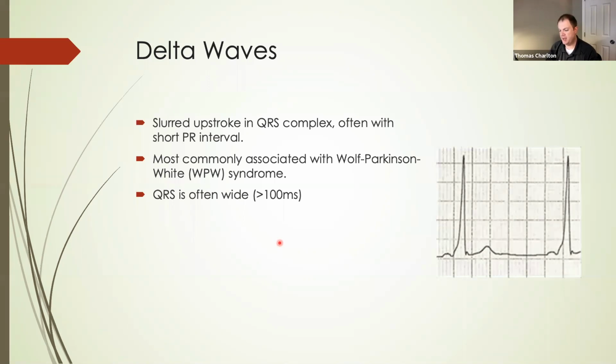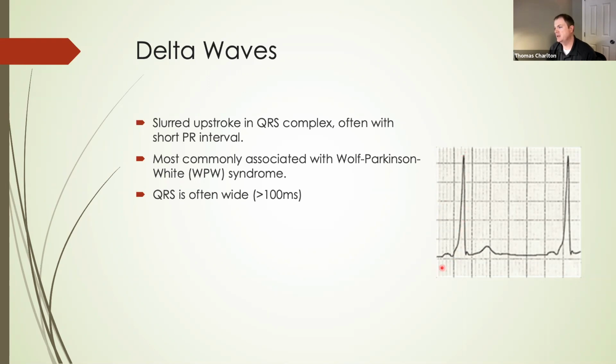Because of that, the myocardium depolarizes differently than it does with somebody with a normal heart. So this slurring that you see right here, okay, that slur that you get is what occurs with Wolff Parkinson White syndrome. So it depolarizes weirdly and eventually then gets back to normal depolarization.